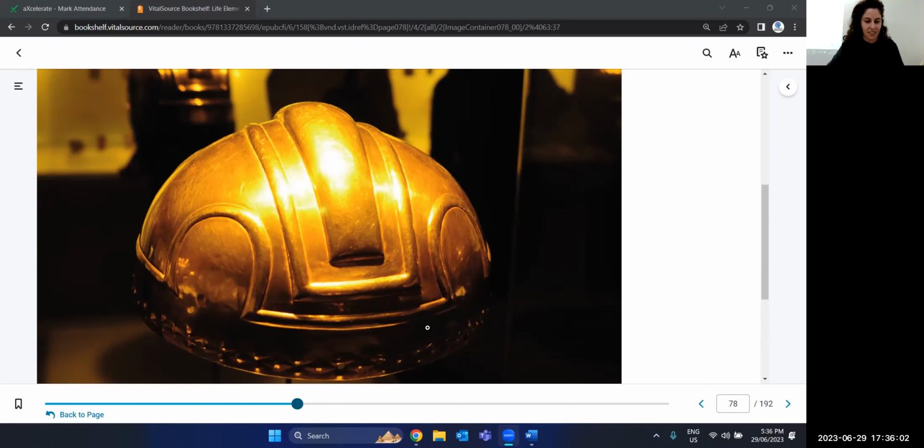Okay, interesting. Why do you think ancient objects are important? And why do people like going to the museum to see old objects? Yes, they can see the history.